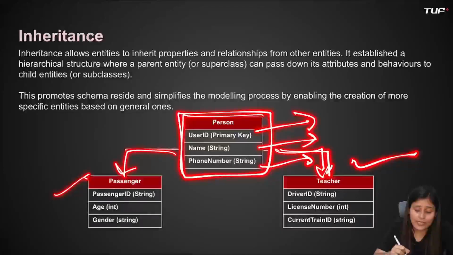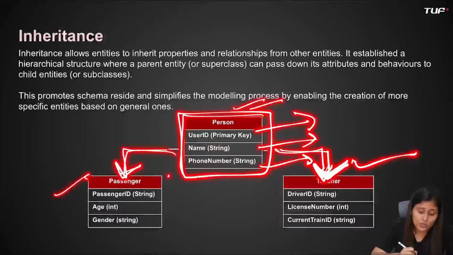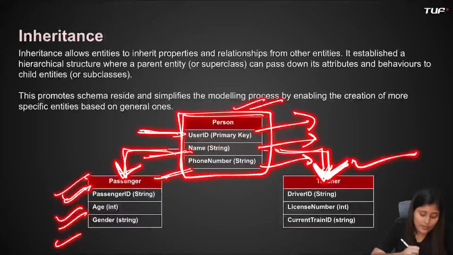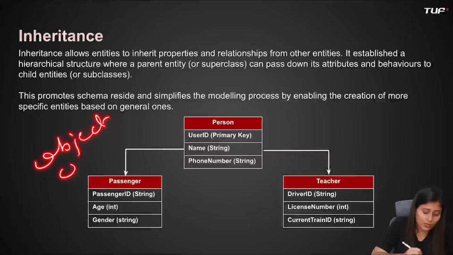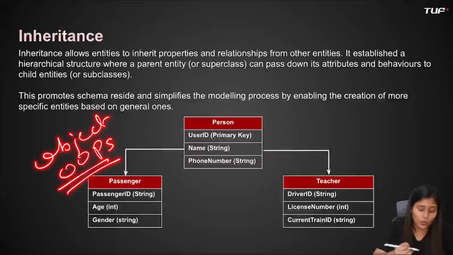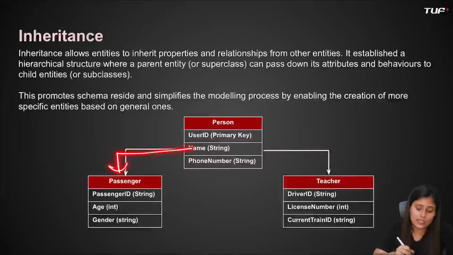Being the children inherited from the parent person, they have the right to use these three attributes, along with their own individual attributes if they want to add them. This is how object-oriented programming gives that functionality in the OOPS concept. Here also it gives the same functionality in the form of entities.